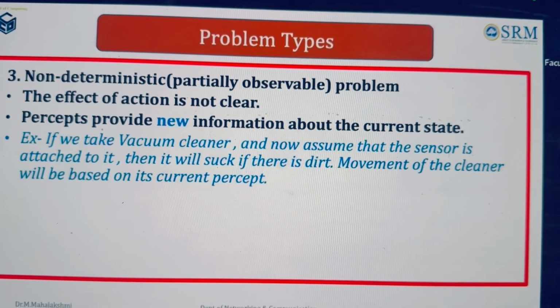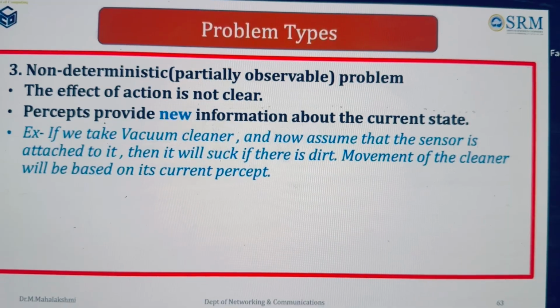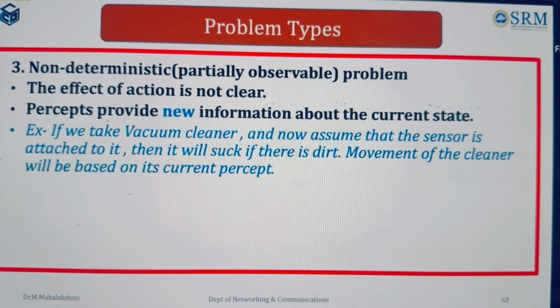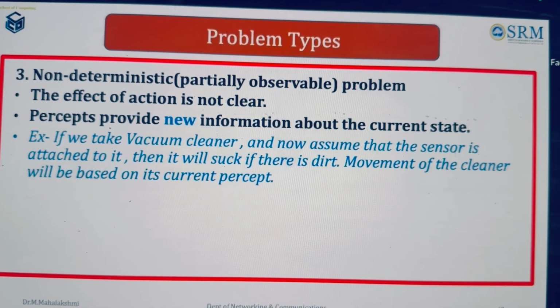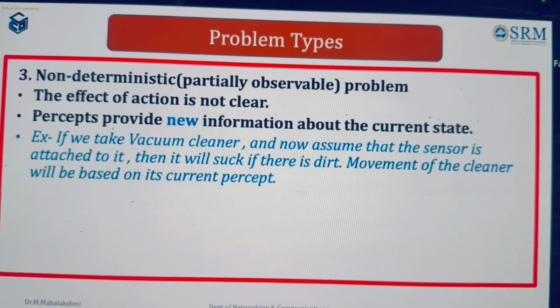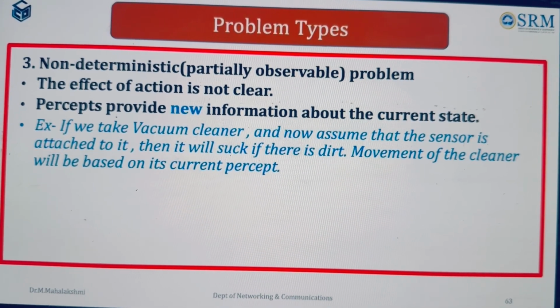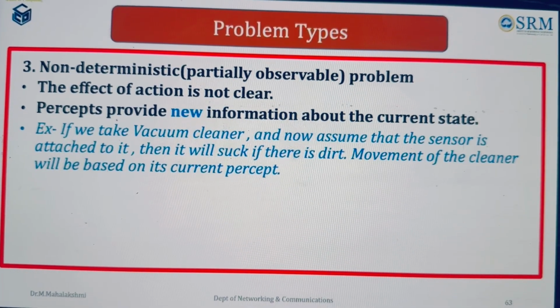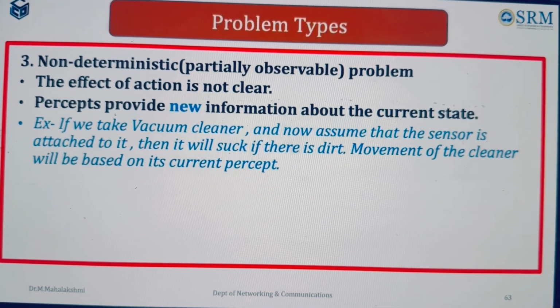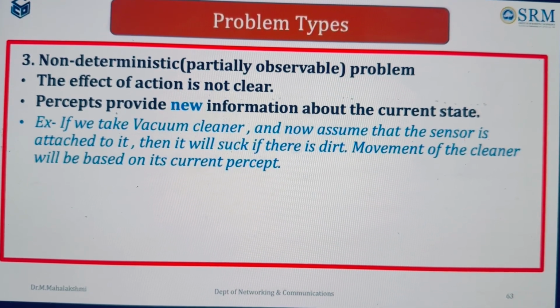Any game with partially observable? You cannot say fully what your opposition and you are playing. Chess is fully observable. The full board is visible to you. You can literally see what you are doing, what the opposition person is doing.